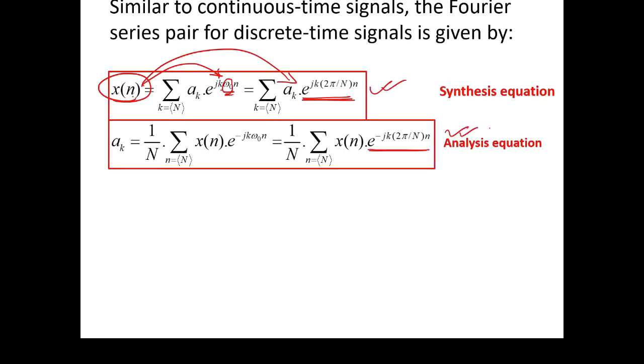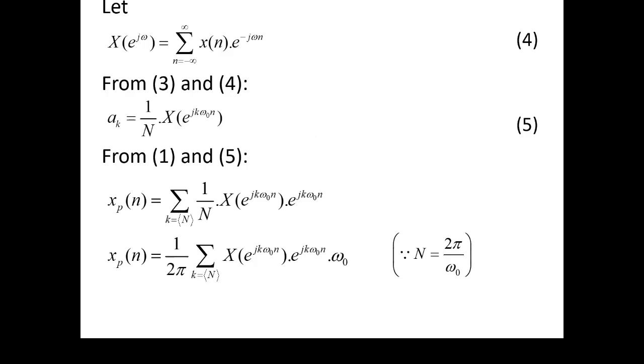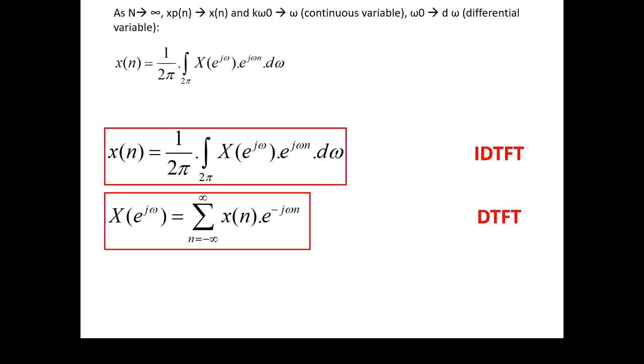Now coming to the discrete time Fourier transform. Similar to going from the normal Fourier series to the Fourier transform, we have some transition. Similarly, from the discrete time Fourier series to the discrete time Fourier transform also, the same hypothesis is applied, that discrete time aperiodic signals have a time period which is tending to infinity.